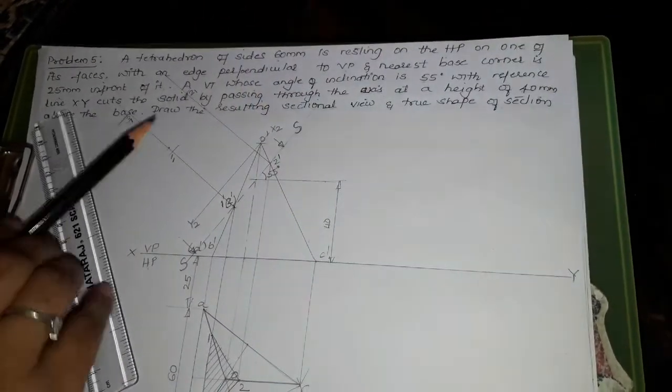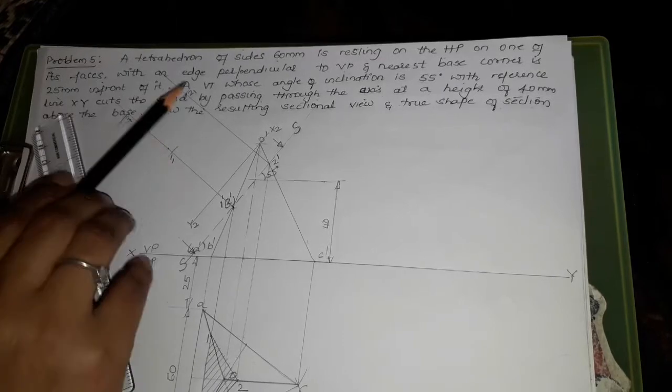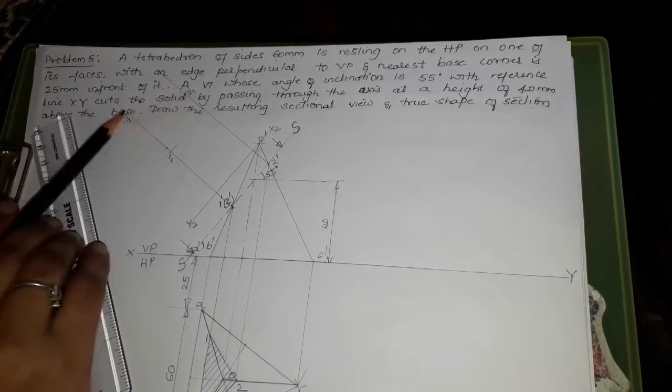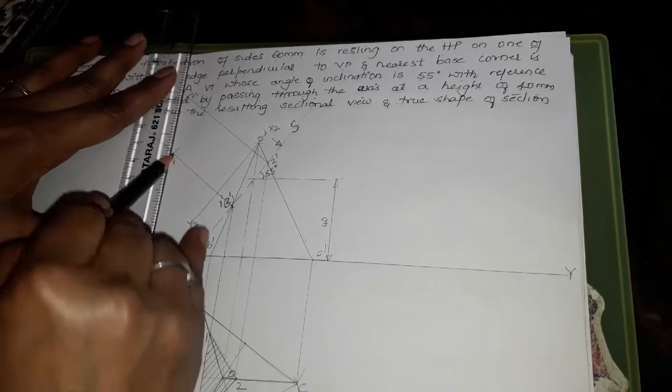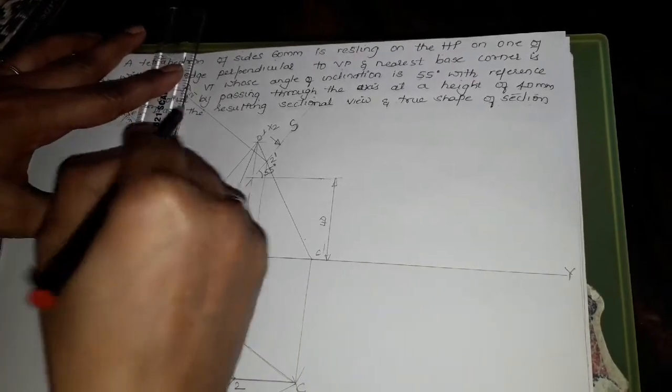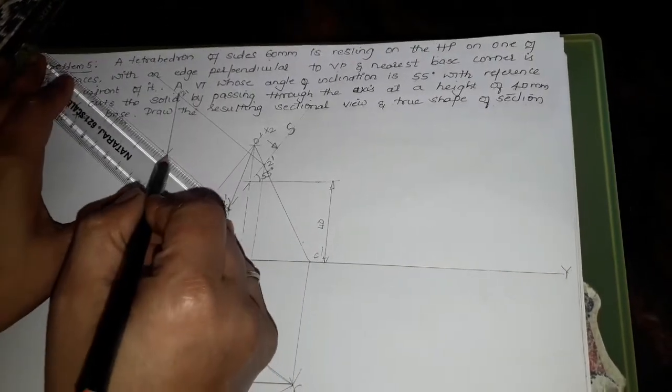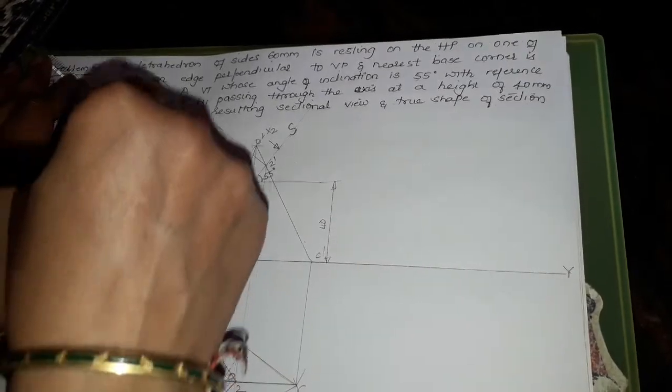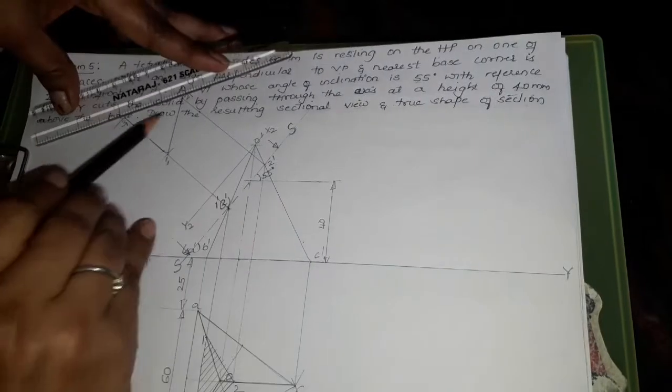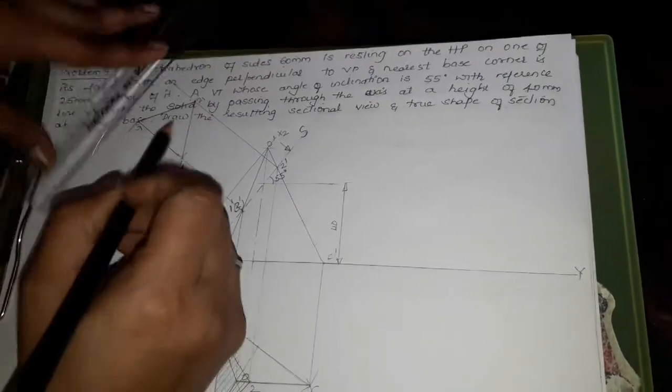Now I will join all these points 1, 2 and 3 and hatch them. Join 1 and 2, 1 and 3, and similarly join 2 and 3. So this will be my true shape of section.